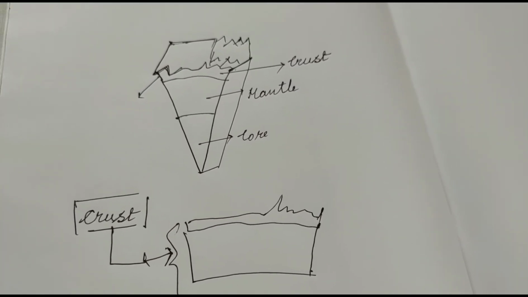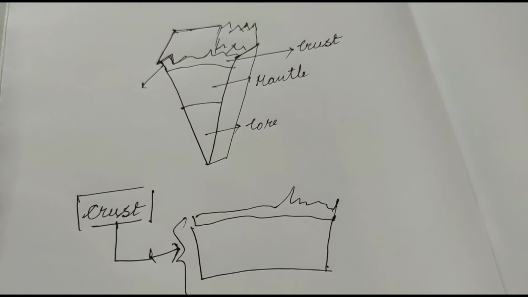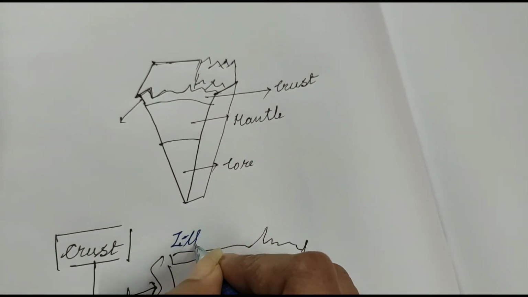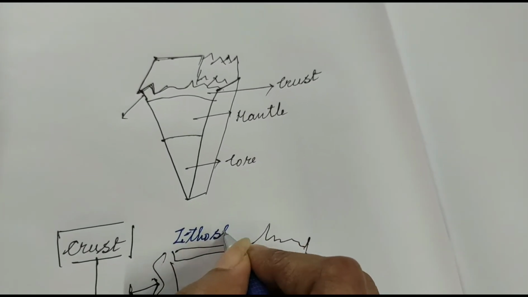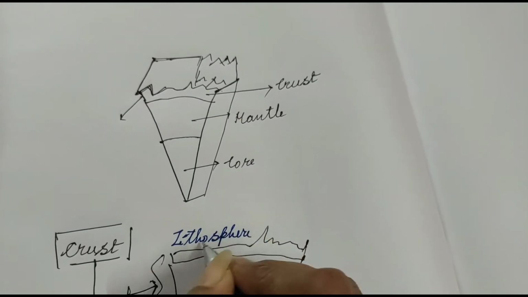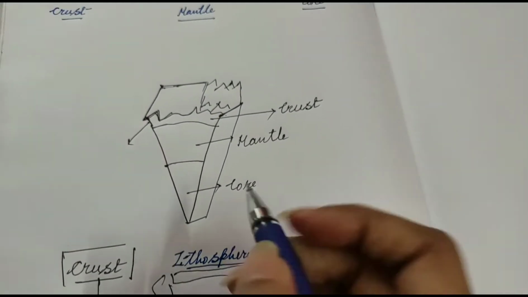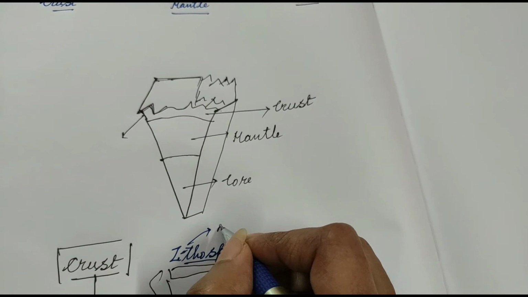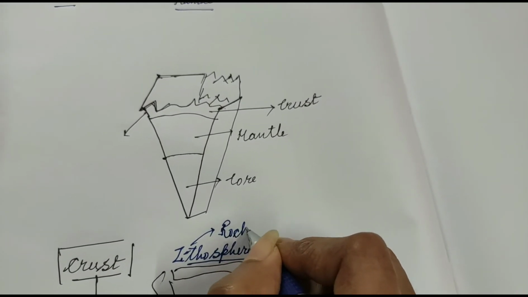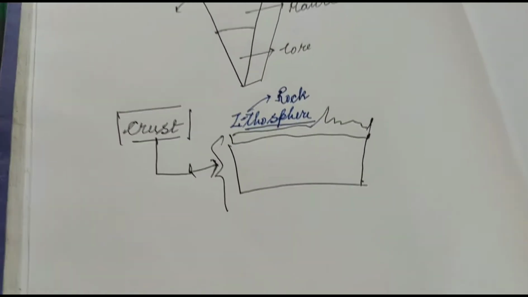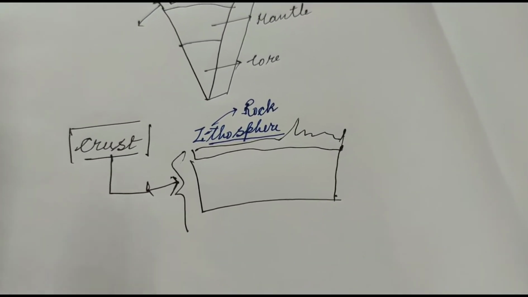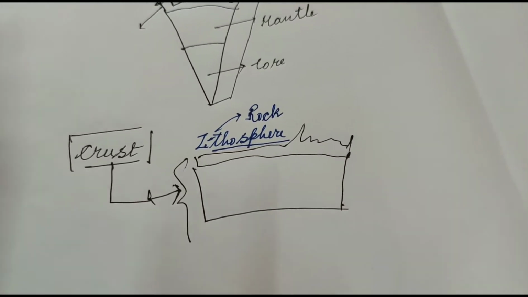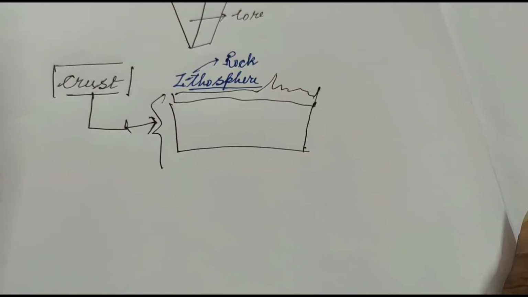It is called the crust or the lithosphere. This litho means rock, lithos meaning rock. So these two parts are made up totally of rocks. So this is called the lithosphere.